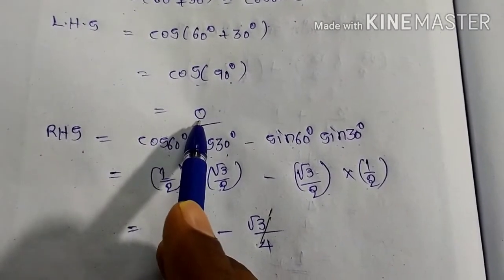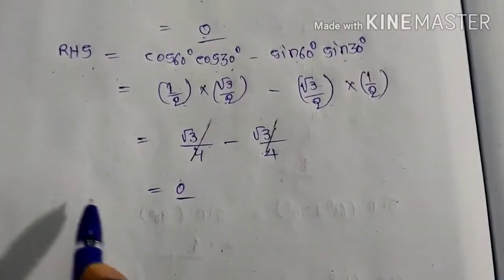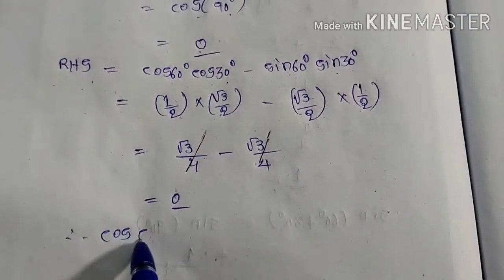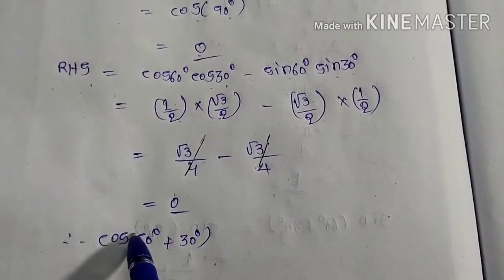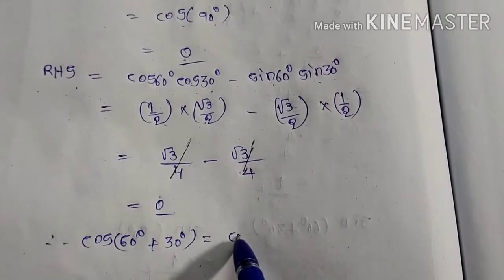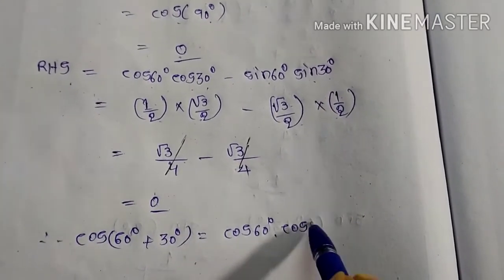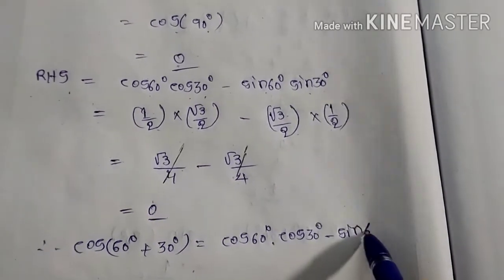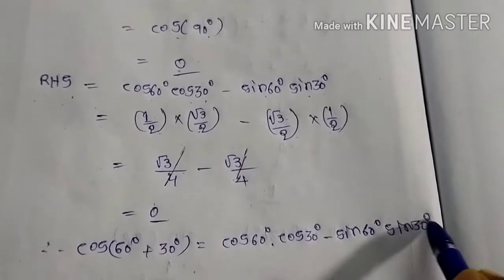LHS also 0. So can you say LHS is equal to RHS or not? Yes. So you can write here cos of 60 plus 30 is equal to cos 60 into cos 30 minus sin 60 into sin 30.